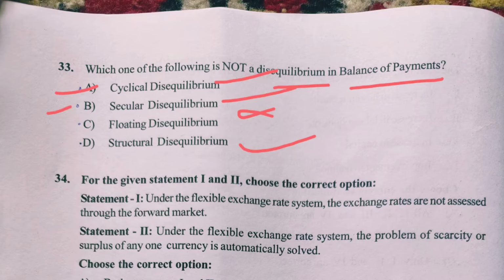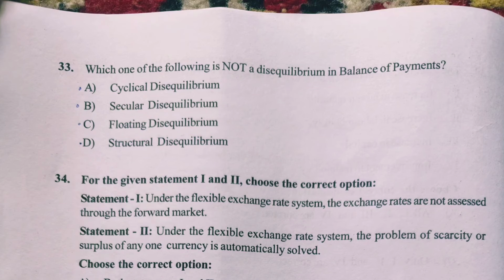Secular disequilibrium comes from deep-rooted changes in the economy, like population growth or technological advancement. Structural disequilibrium is actually the long-term change in the economy, like shifts in production capacity or consumer taste. So floating should be the incorrect one here.